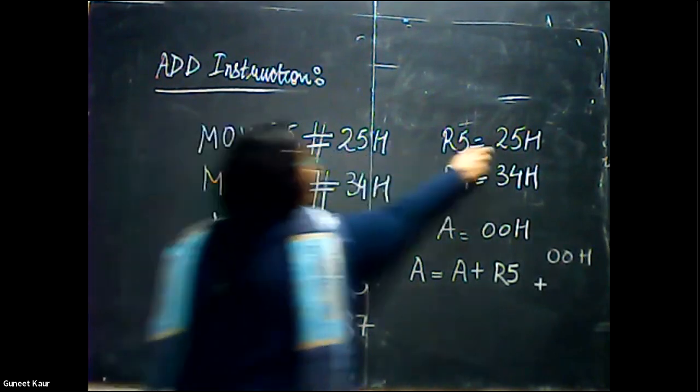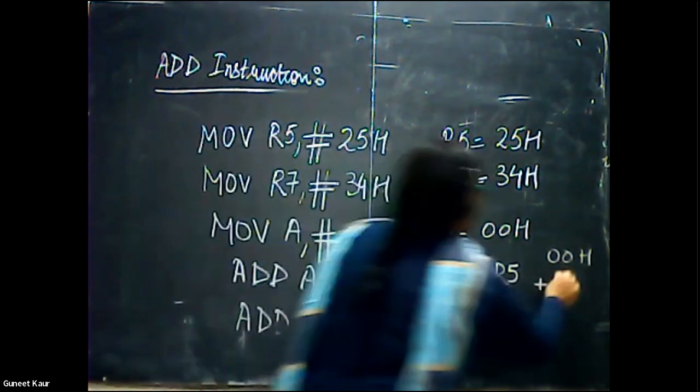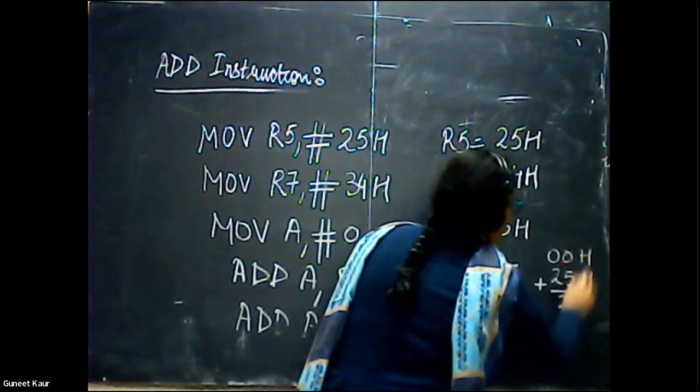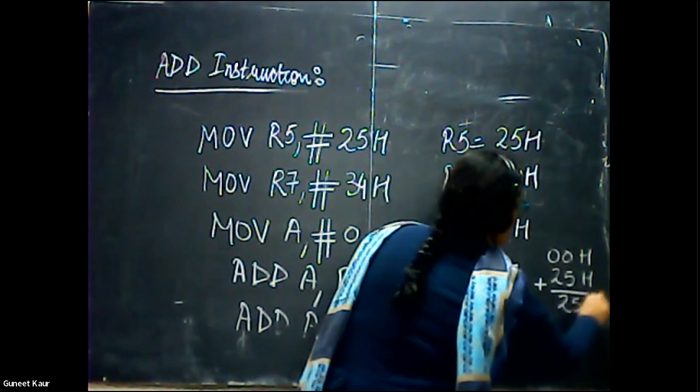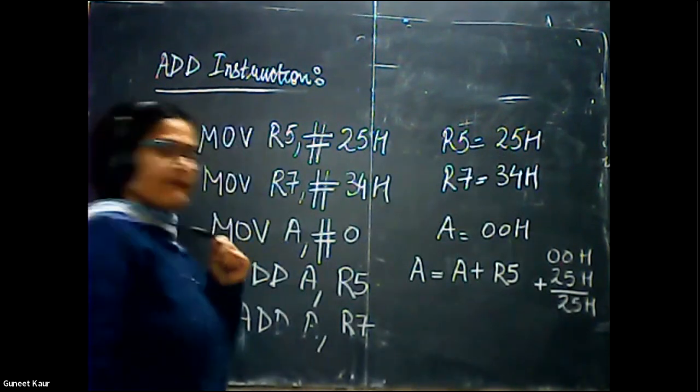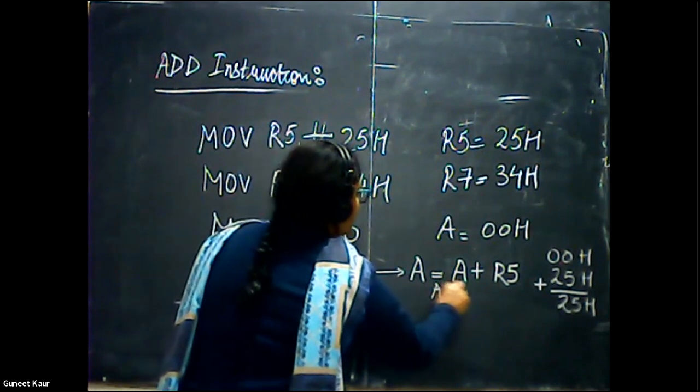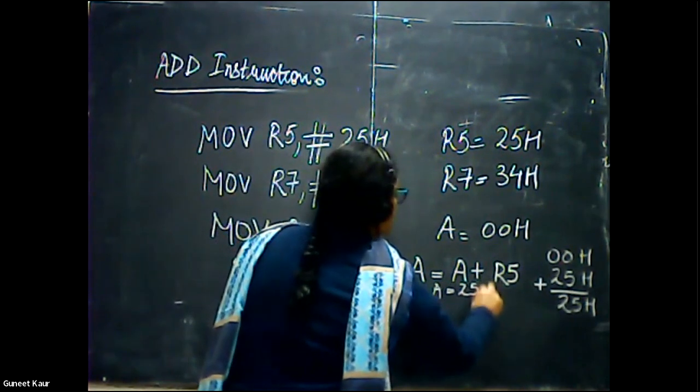R5 here is 25H. So 00H plus 25H will give you 0 plus 5 is 5, 0 plus 2 is 2. This will give you 25H. So after the execution of this command, A will contain 25H.